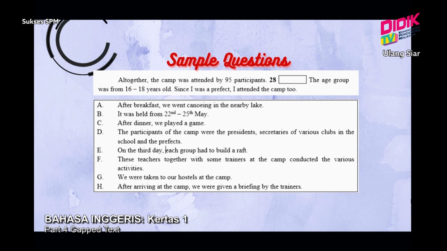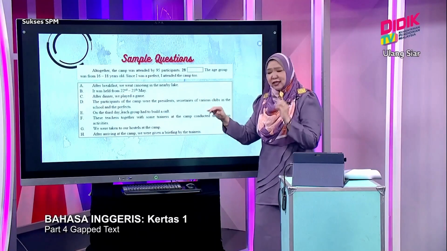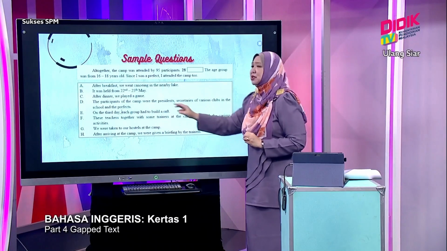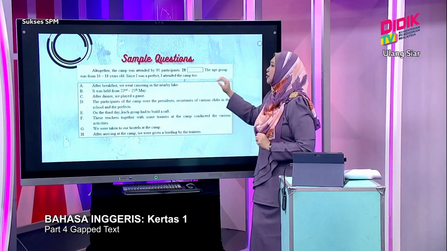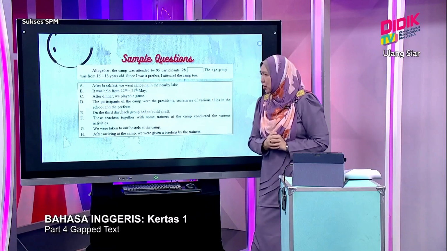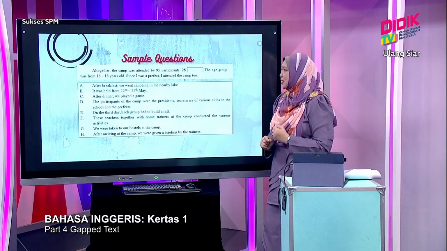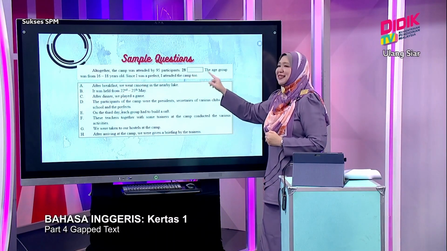That is the answer. Let's read it together. Altogether the camp was attended by 95 participants. The participants of the camp were the presidents, secretaries of various clubs in the schools and the prefects. The age group was from 16 to 18 years old. Since I was a prefect, I attended the camp too.